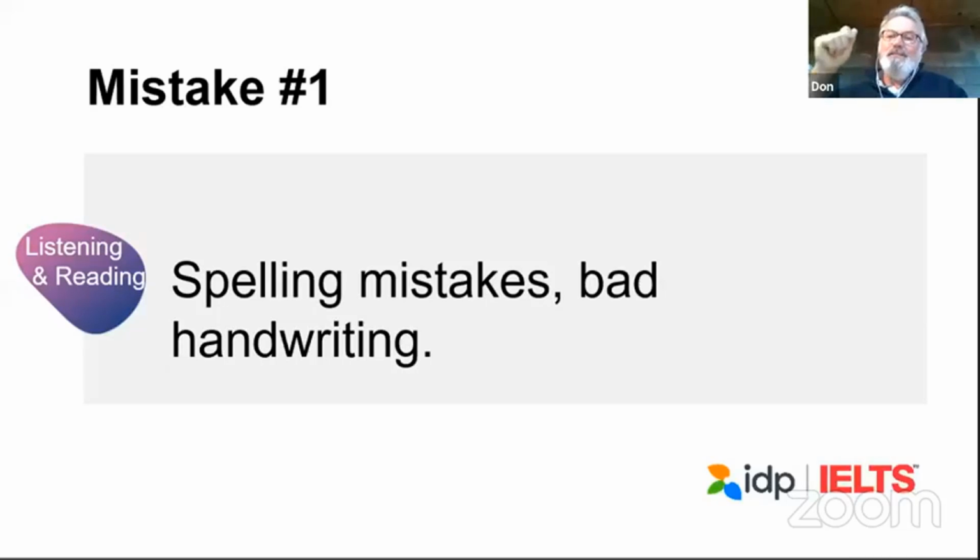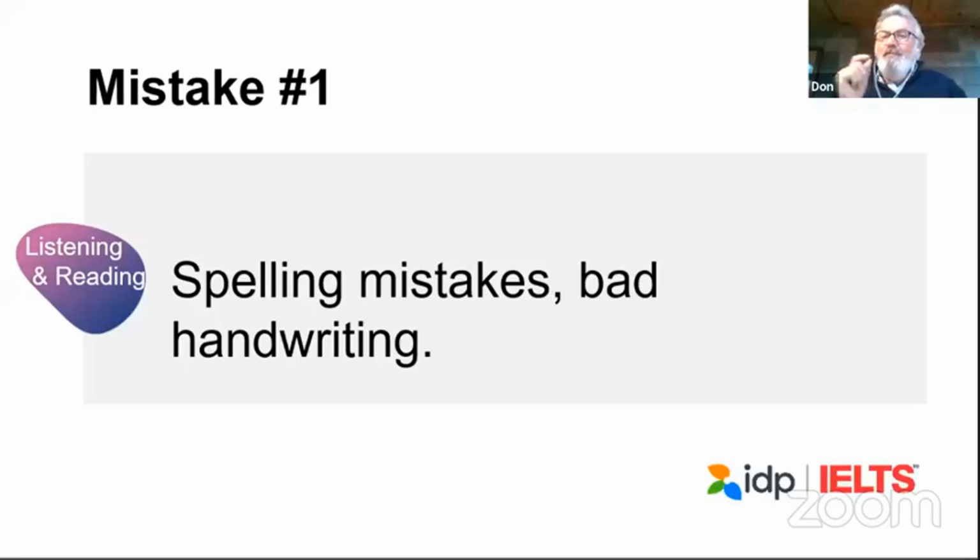Now, if you make a spelling mistake on your mark sheet, in your paper and pencil test, or on the computer test, then that answer will be marked wrong, even if it's clear what you meant. So, for example, if you write circle with an S instead of a C, then that would be marked as wrong.